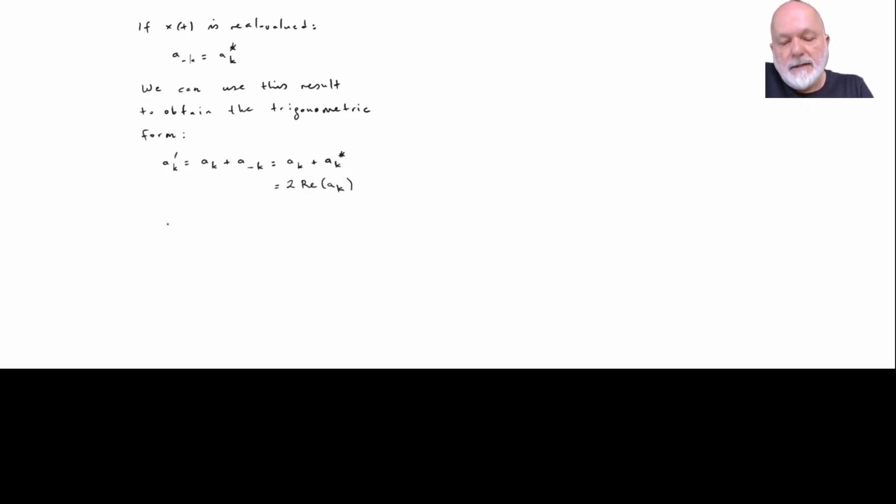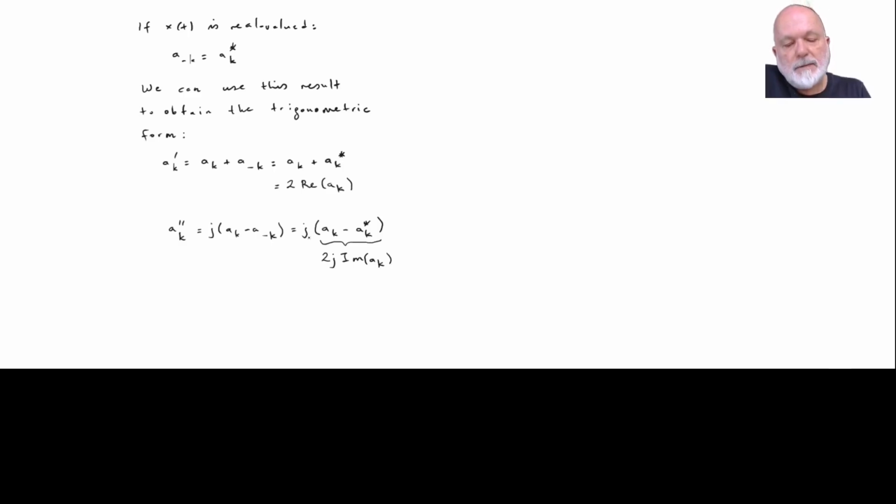And for the coefficients of the sine terms, ak double prime, we have j times ak minus a minus k. So we have j times ak minus ak conjugate. But we know that ak minus ak conjugate is 2 times j times the imaginary part of ak.